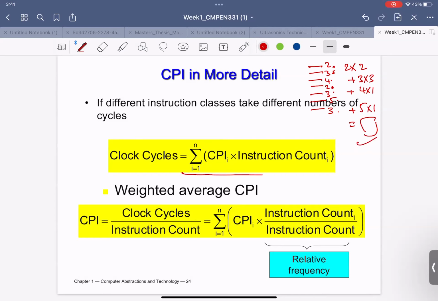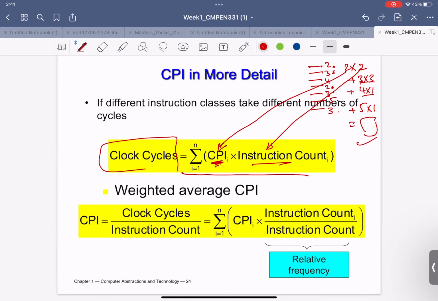And this is exactly what we have in this formula: the summation of the CPI multiplied by the instruction count. The CPI was 2, and then the instruction count was 2 in this particular case, and then plus this, plus that, and so on and so forth. So it gives you the total number of clock cycles, correct?